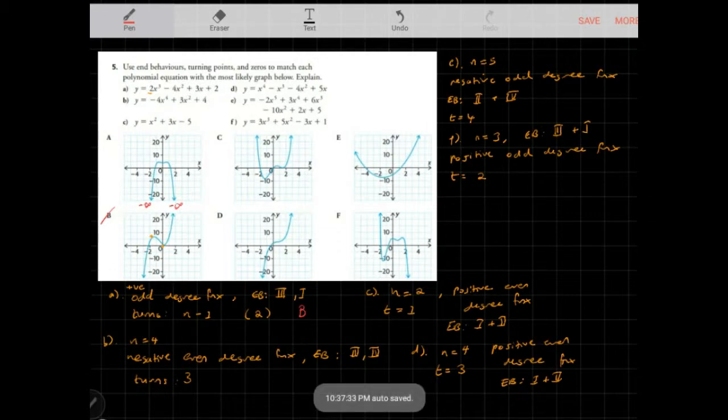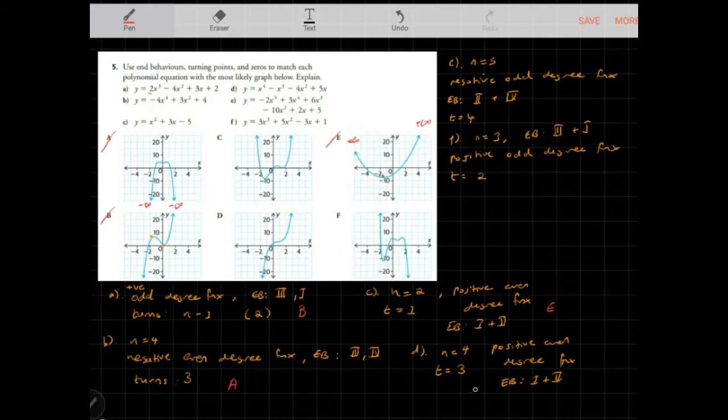So I think the only scenario for that is part A. Okay, let's take a look at C here. n is equal to 2, there's 1 turn, it's a positive even degree function, so you should see it in quadrants 1 and 2. There should only be 1 turn, however. The only scenario in that case would be E, right, because both of them are positive infinity, and there's only one turn.